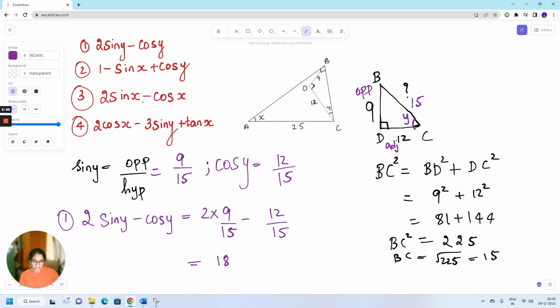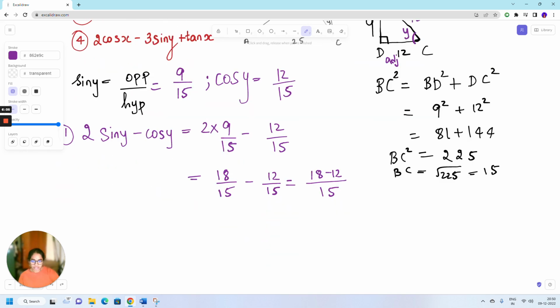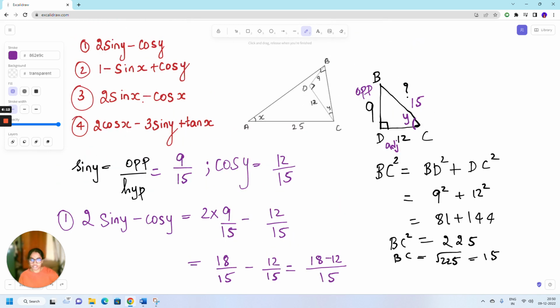It is 18 divided by 15 minus 12 divided by 15. Now we have 15 and 15 in the denominator, so the LCM would be 15. Subtract the numerators, that is 6 divided by 15. So we've solved the first question. The answer is 6 divided by 15.